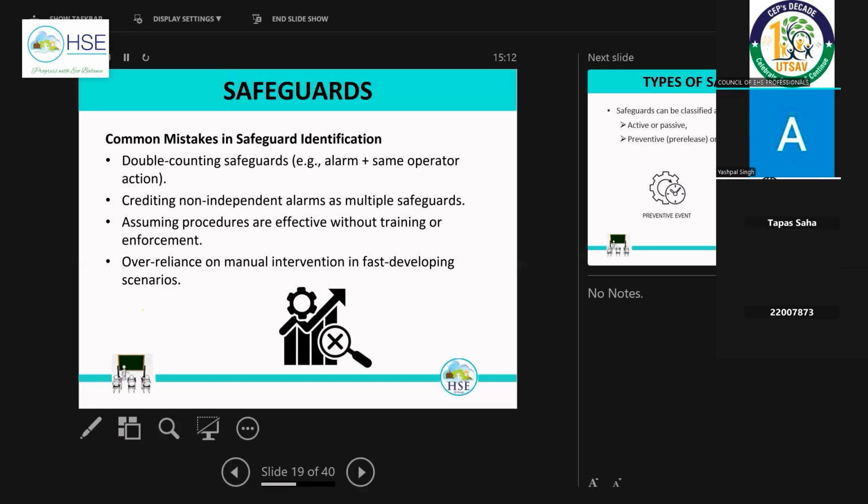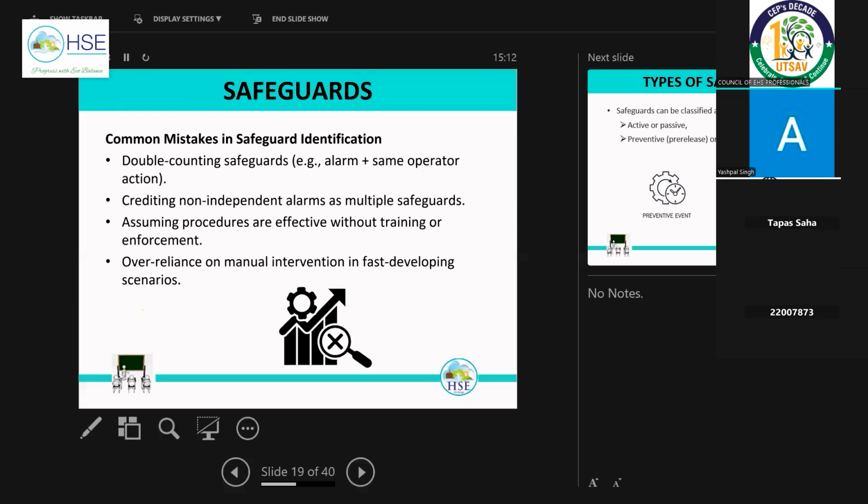Next point is reliance on manual intervention in fast developing scenarios. Normally in the case of safeguards, we consider a lot of manual interventions, like operator involvement: temperature increases, he goes and closes the valve; pressure increases, he goes and closes the valve; he monitors and writes down in the log sheet. All these are manual interventions.